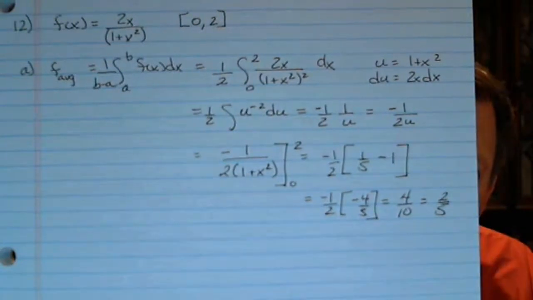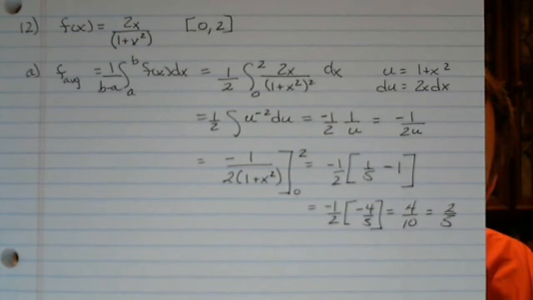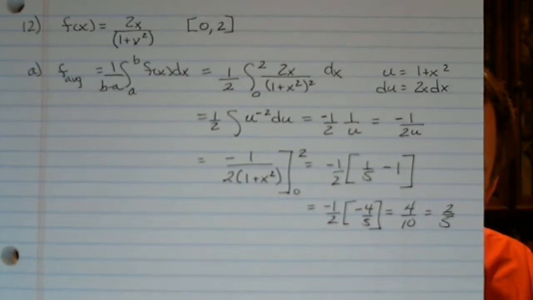So we get 1/5 minus 1. So that becomes negative 1/2 times negative 4/5, or all in all, we get positive 4/10, or an answer of 2/5. Okay, 2/5. So there's the work there on the integral if you want to hit pause and take a look at that.